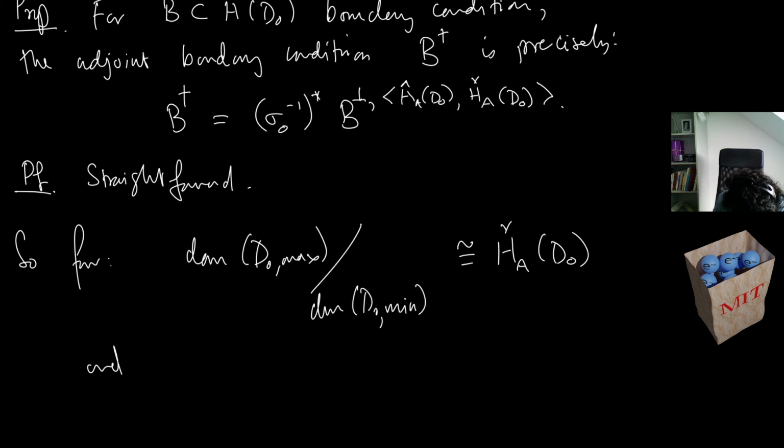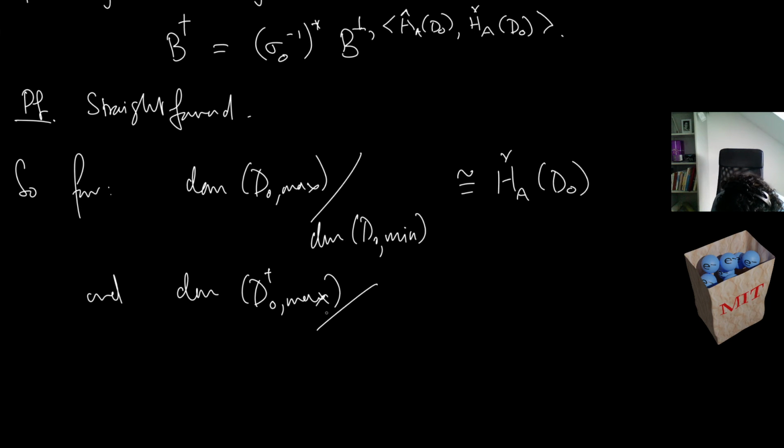And the claim is, and dom D naught max mod out dom D naught perp max is Banach space isomorphic to A tilde of D naught.